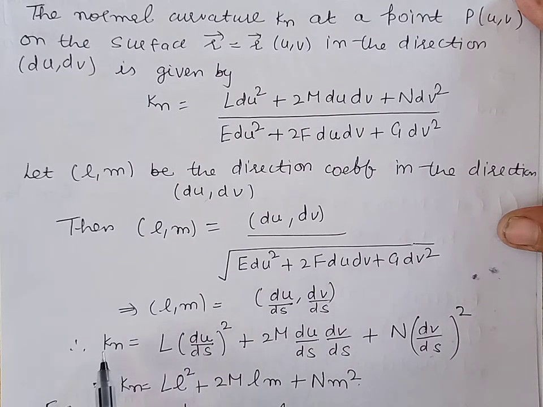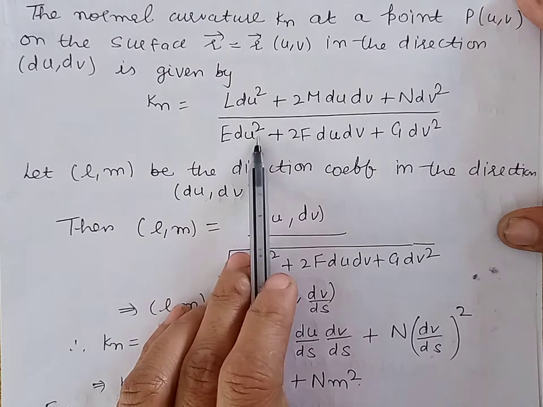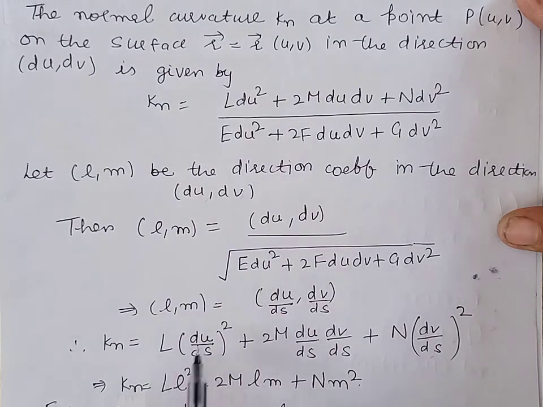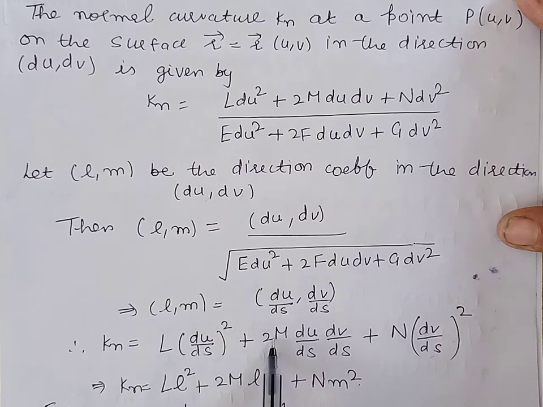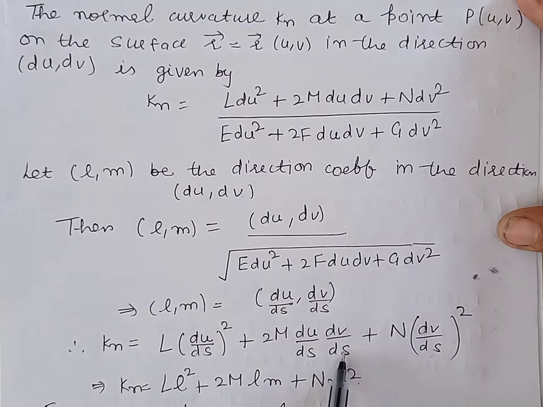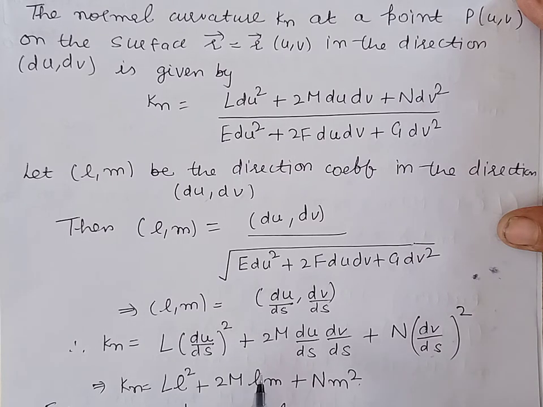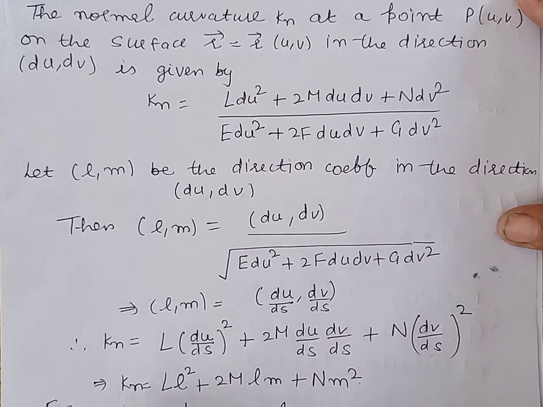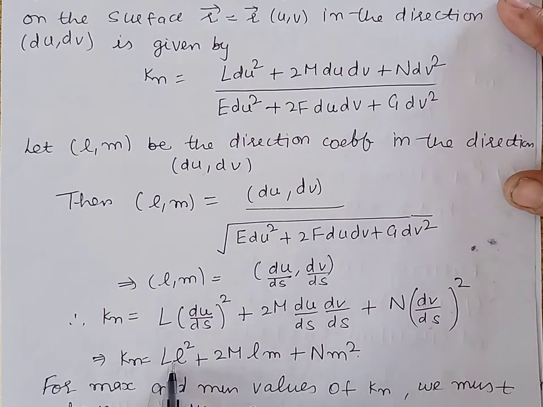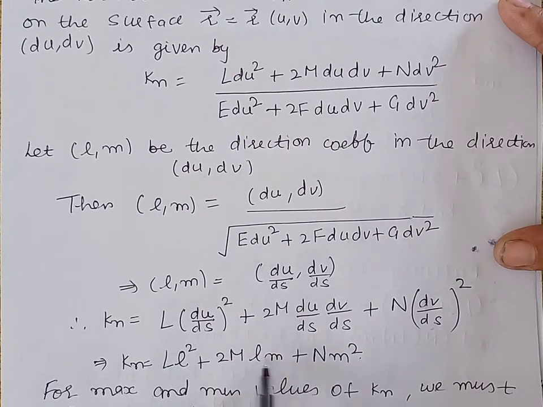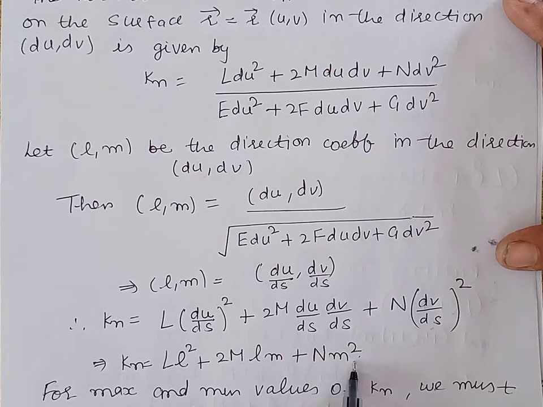Therefore the value of kappa n from here will become L into du by ds whole square plus 2m into du by ds into dv by ds plus n into dv by ds whole square. Substituting du by ds as l and dv by ds as m, kappa n will become L into l square plus 2m into lm plus n into m square.